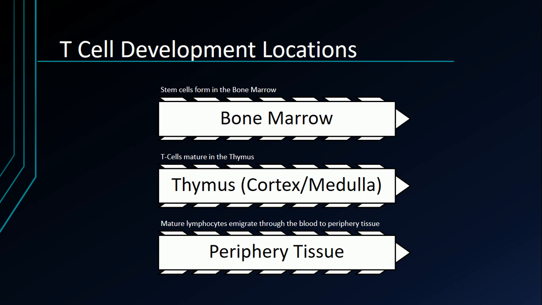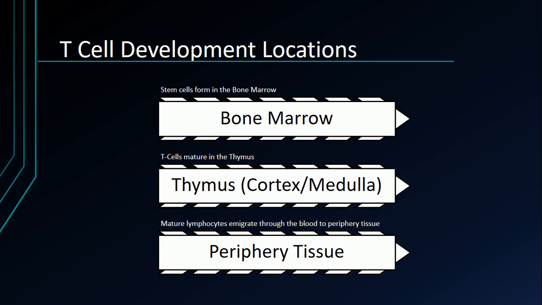And once they have these receptors, they will undergo selection, and from there they will be matured, and once they are matured they will be allowed to go into the bloodstream or the lymph, and they will migrate to any peripheral tissue or wherever these T cells will end up residing.